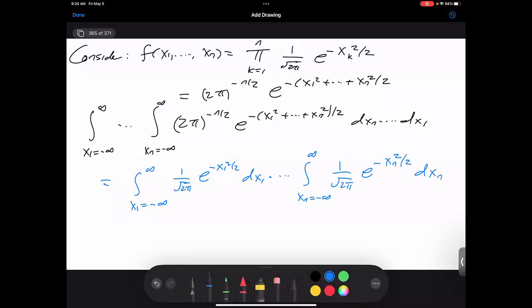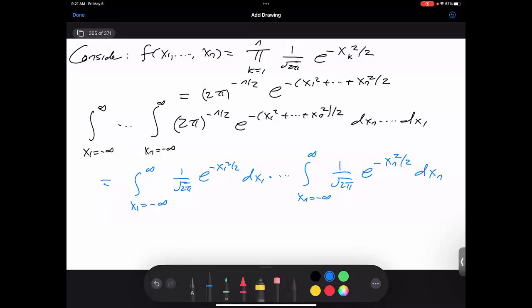Again, this is a way to review integrating over a box. This is why we like integrating over a box. My function f splits, so I don't have any cross terms. I don't have anything depending on x1 times x2. Because of this, I can break this n-dimensional integral up into n one-dimensional integrals. If I gave you something like e to the negative x1 squared times x2 squared times x3 squared, if I multiplied them all together, this would be a disaster.